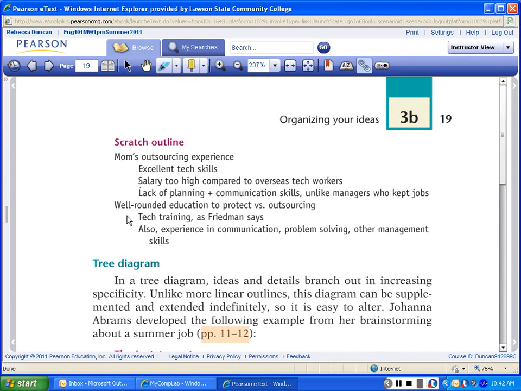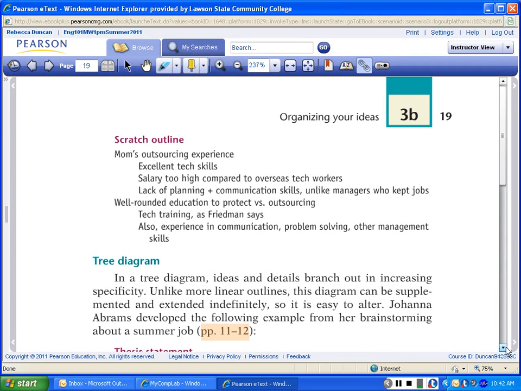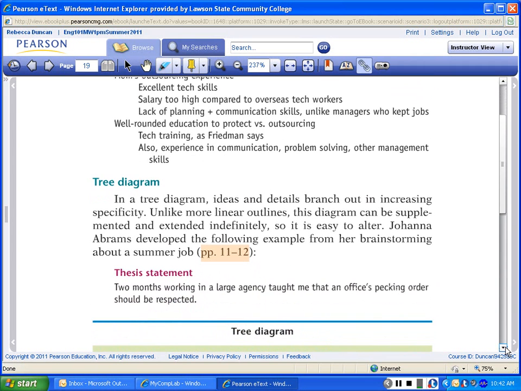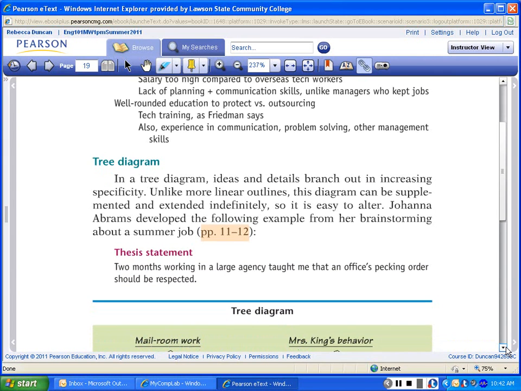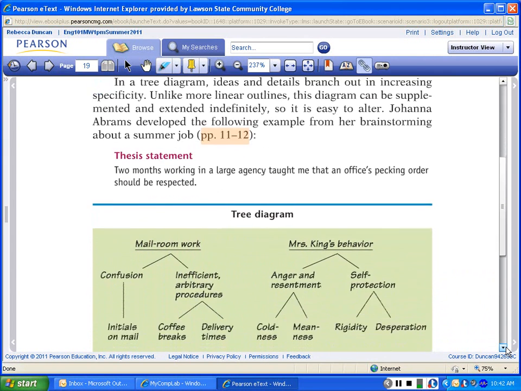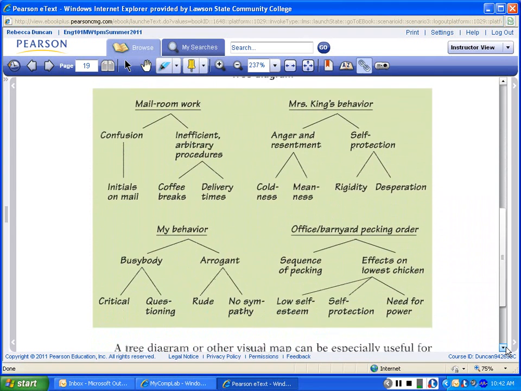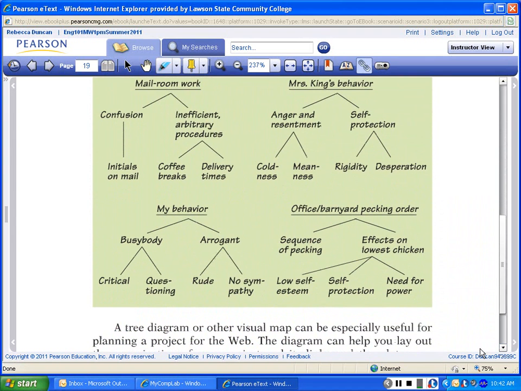It's just little points, and then you work on developing those. They use a tree diagram and so forth, but they didn't revise that thesis too much for the formal outline. They had a pretty good start as they went along.